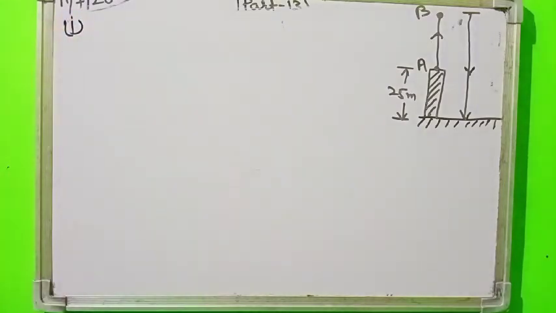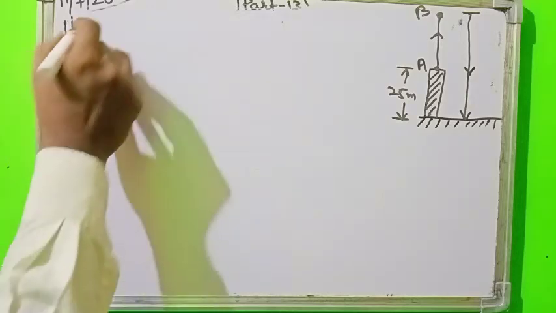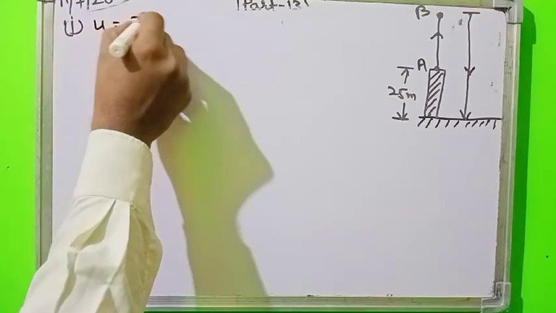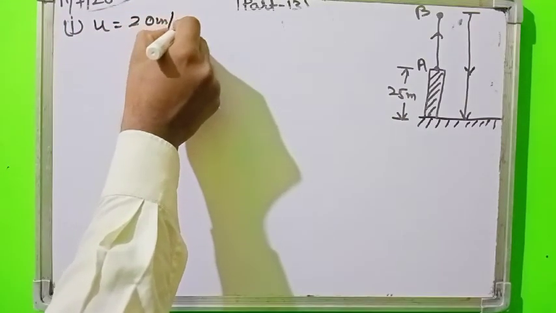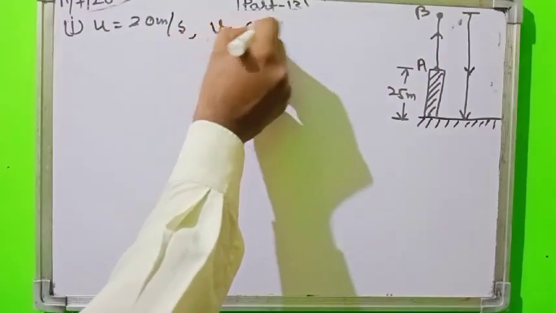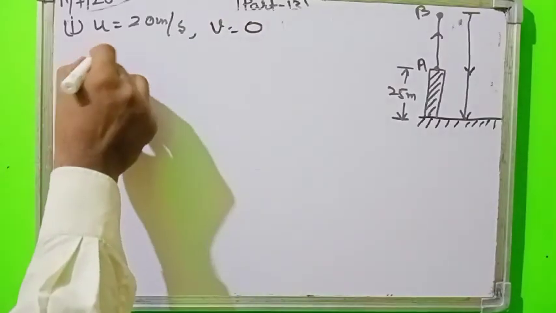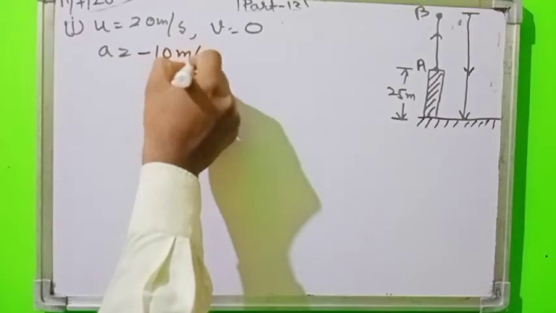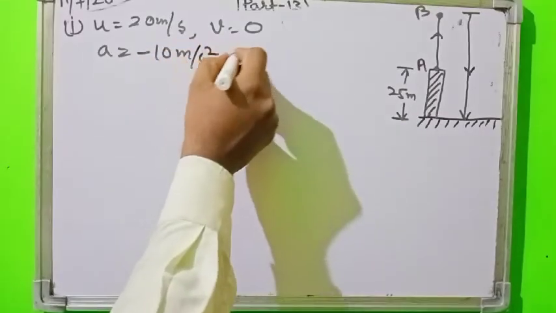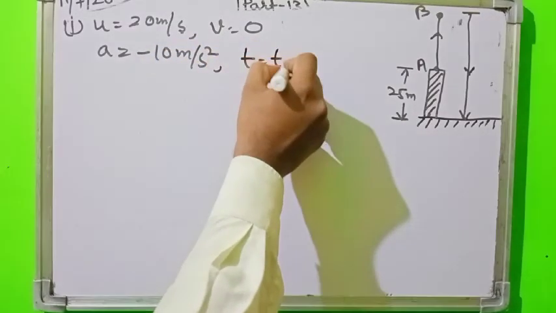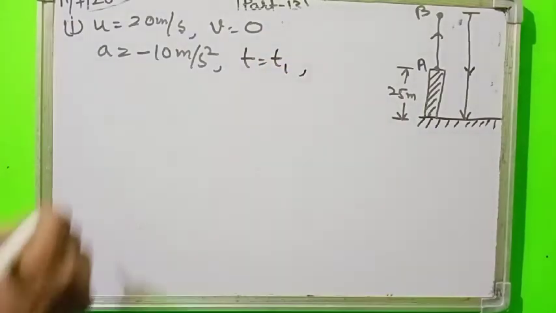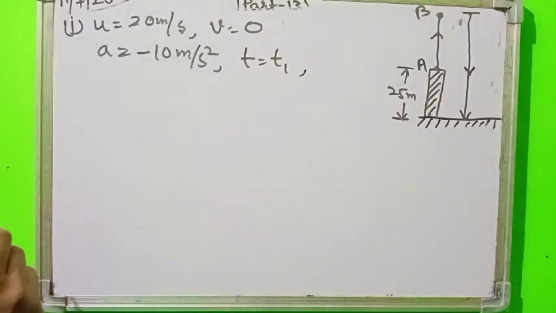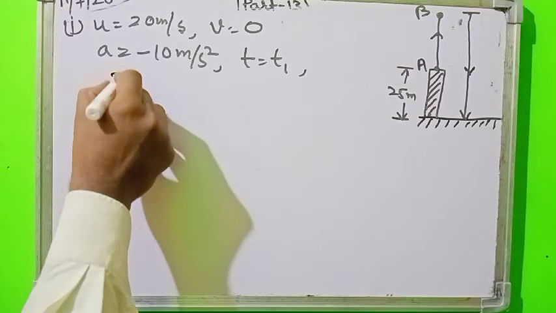First we consider the vertically upward motion of the ball up to the highest point. Initial velocity u is equal to 20 meters per second. Final velocity v is equal to 0. Since it is upward motion, acceleration is equal to minus 10 meters per second square, and time is t1. We have to find the distance x.